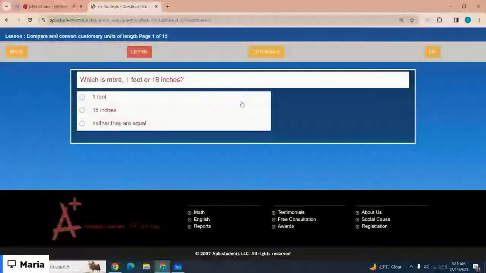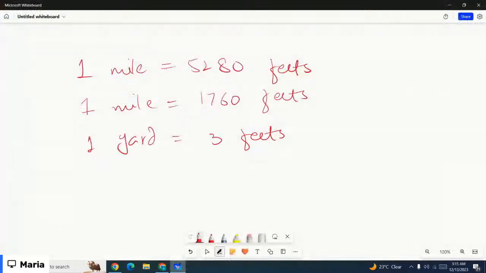Which is more, 1 foot or 18 inches? That is a comparison between the foot and inches, right? So which is the correct option? 1 foot equals 12 inches, right?